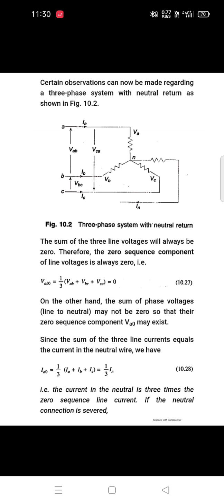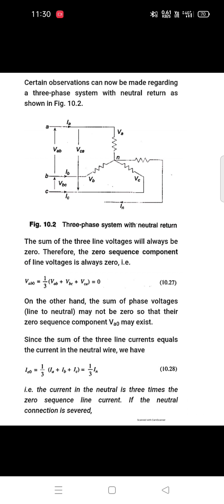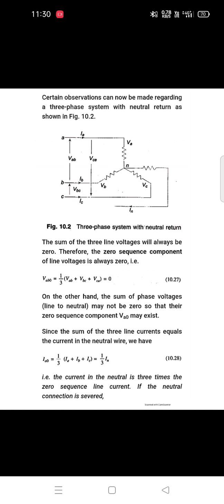If the neutral connection is severed, then IA0 will also be equal to 0. So in the absence of neutral connection, the zero sequence line current is always 0. If the neutral current is present, then IA0 will be 1 upon 3 times the neutral current.